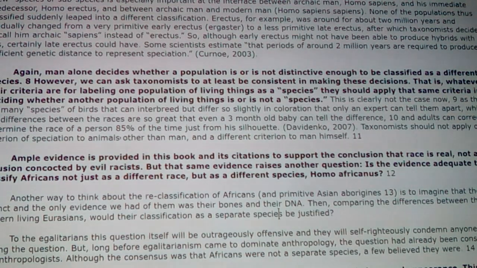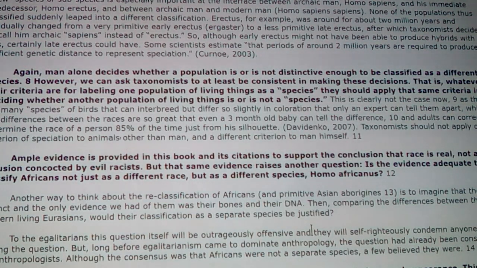So again, man alone decides whether a population is or is not distinctive enough to be classified as different species. However, we can ask taxonomists to at least be consistent in making these decisions, that is, whatever their criteria are for labeling one population of living things as a species from another, they should apply that same criteria in deciding whether another population of living thing is or is not a separate species.